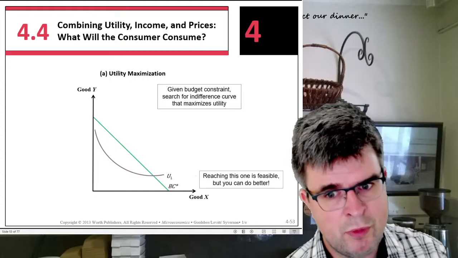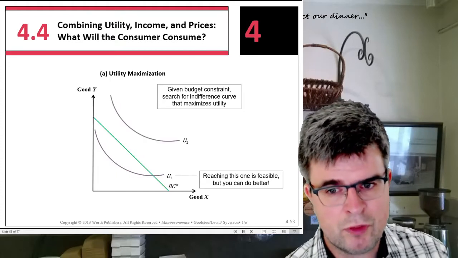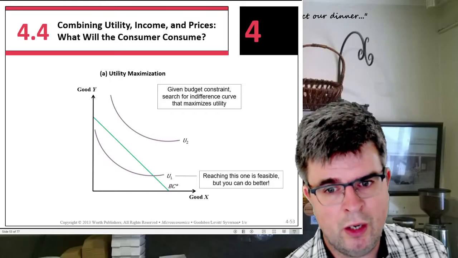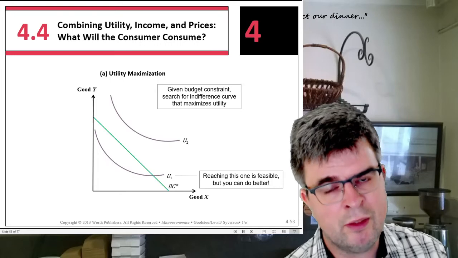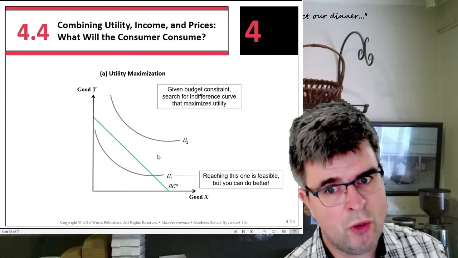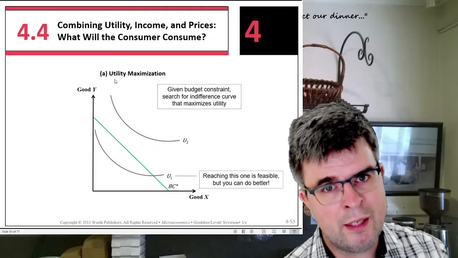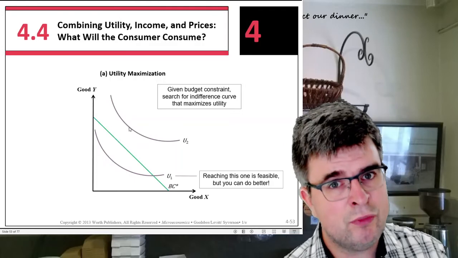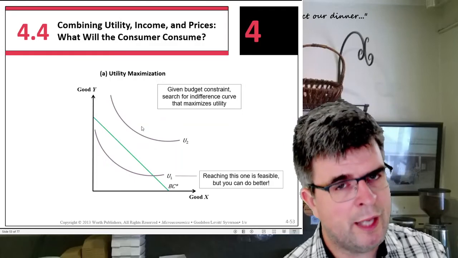The answer is no. You can do better. Could you reach a utility level U2 by selecting one of the bundles on the higher indifference curve U2? The answer is no, you can't, because all the consumption bundles on this indifference curve are in the infeasible area. Your budget constraint doesn't allow you to buy any of those bundles.